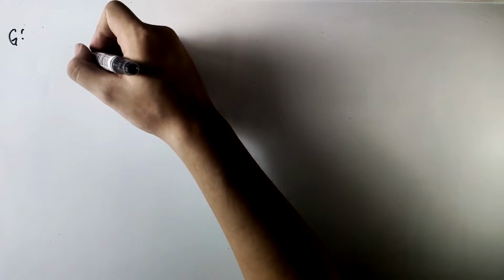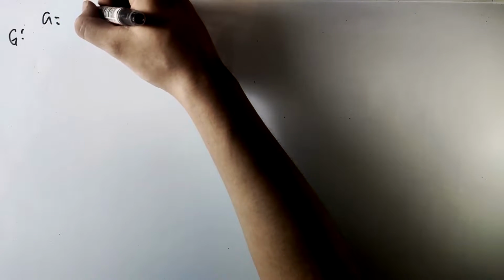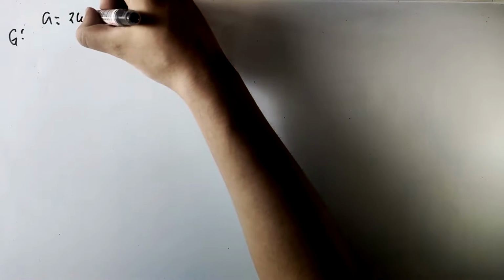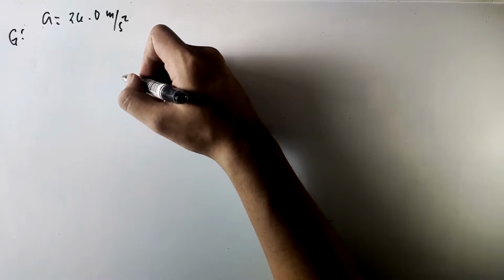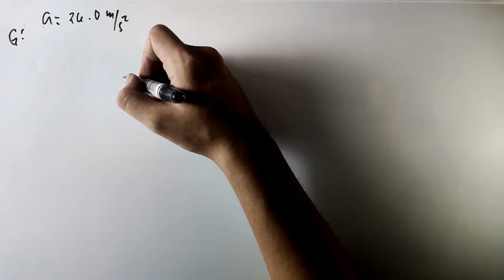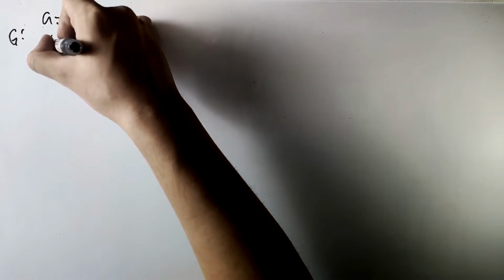For the third case, let's write the given. So what are the given? We have acceleration, which is 26 meters per second. We have, accelerates from a speed. From is initial, of course, to is the final, right?